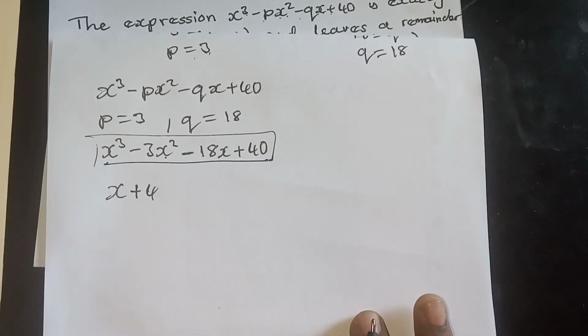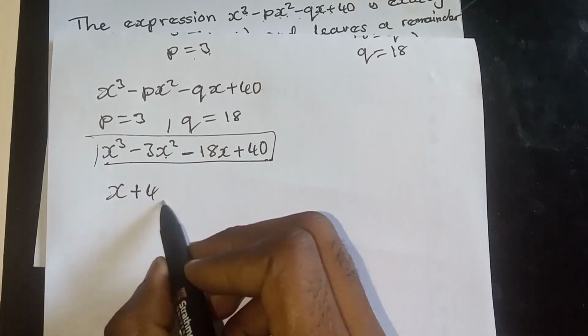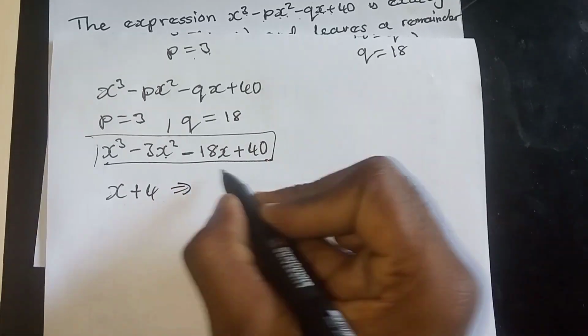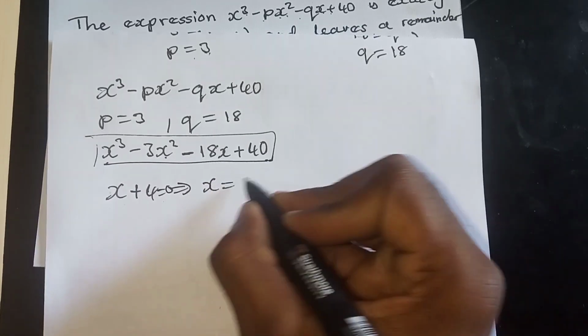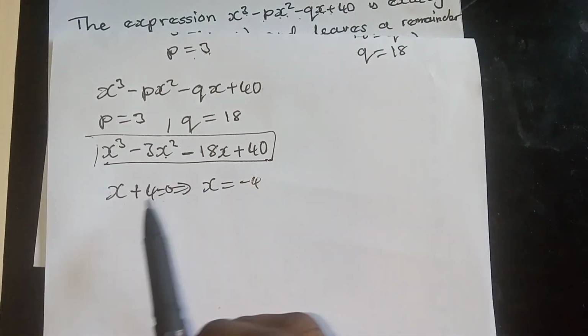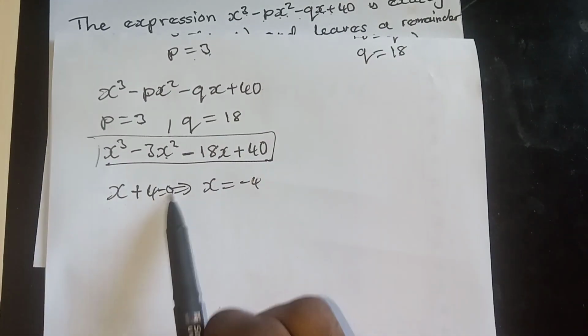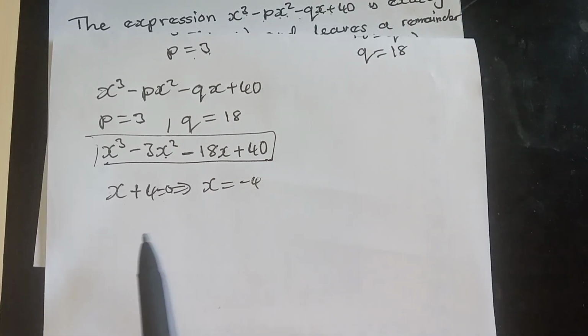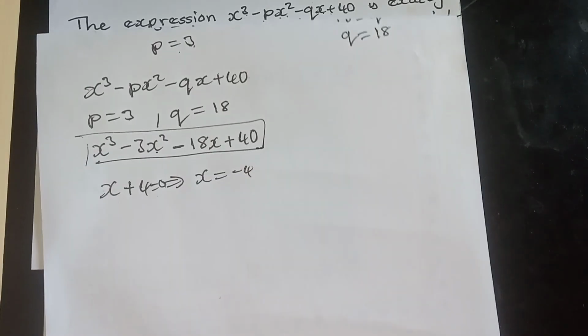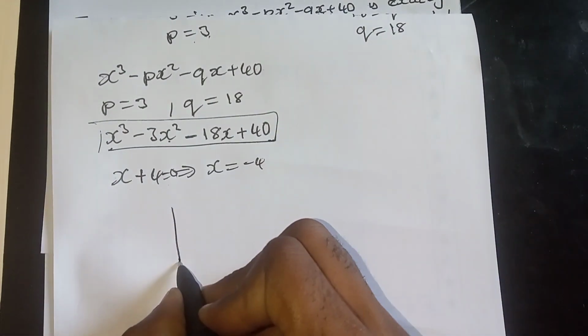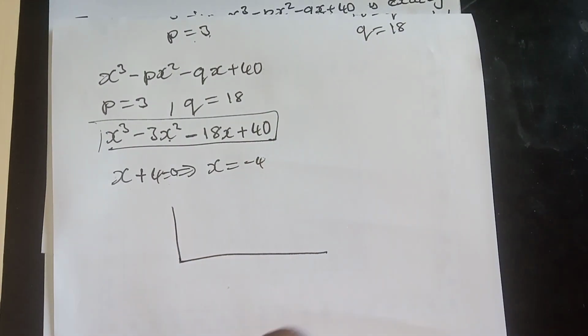To use the synthetic division method, you have to equate it to 0 and take the 4 to the other side, so that you have x as negative 4.